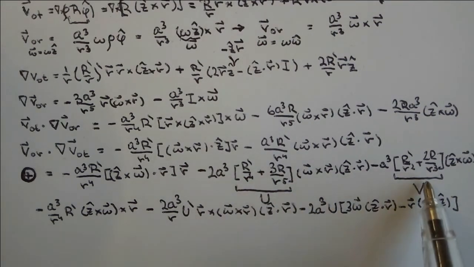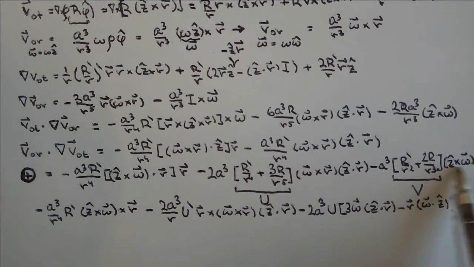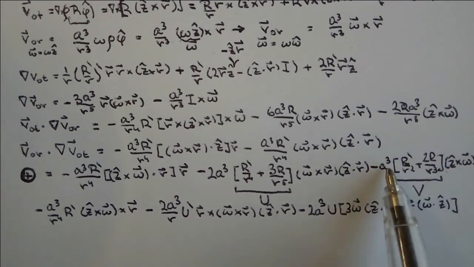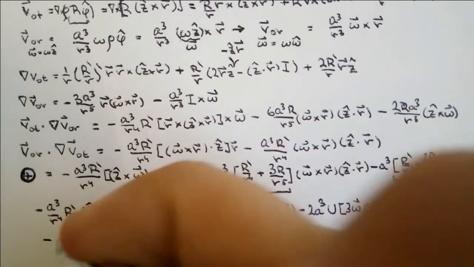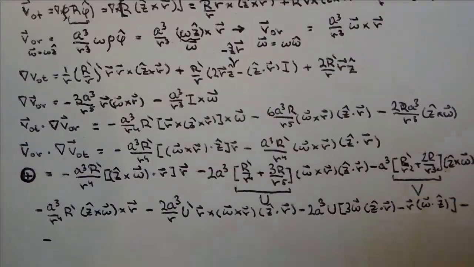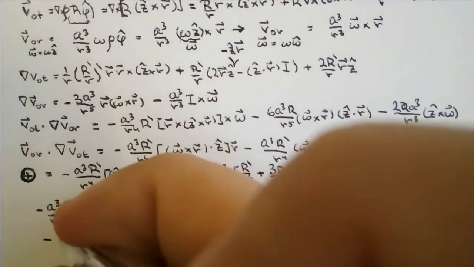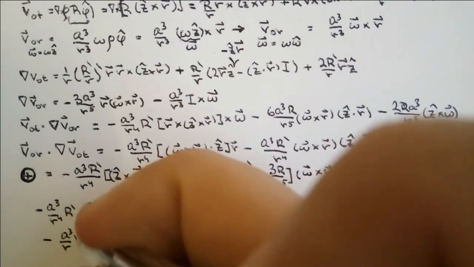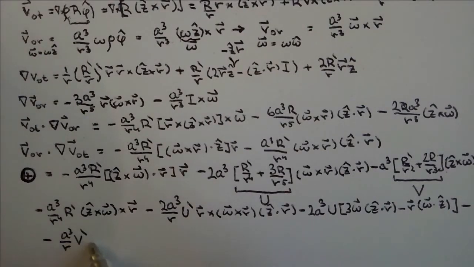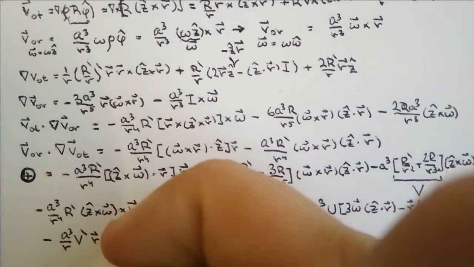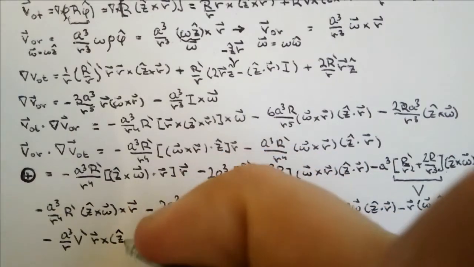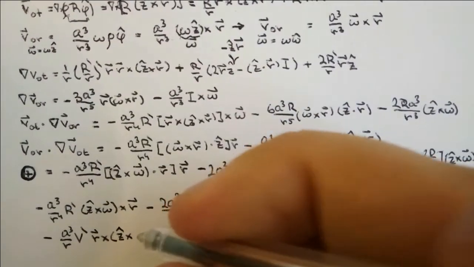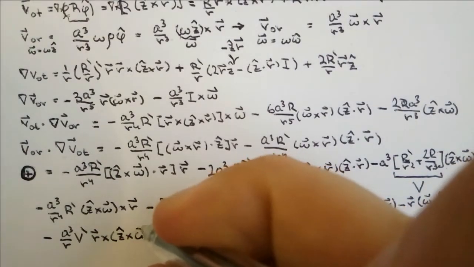Then I will compute this as a, because this is a constant vector, so you just have to compute this term, which will be just minus a cubed over r times v prime times r position vector cross this, so it's r position vector cross z hat cross omega hat.